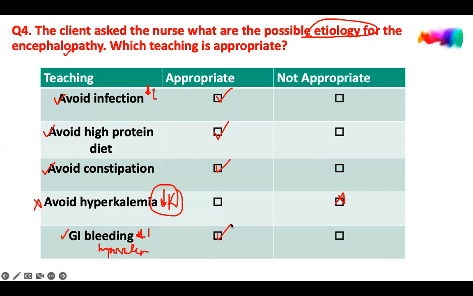The next one is hypovolemia. So avoid hypovolemia, which can also cause encephalopathy. Those are the etiologies, what causes encephalopathy. So then we continue.